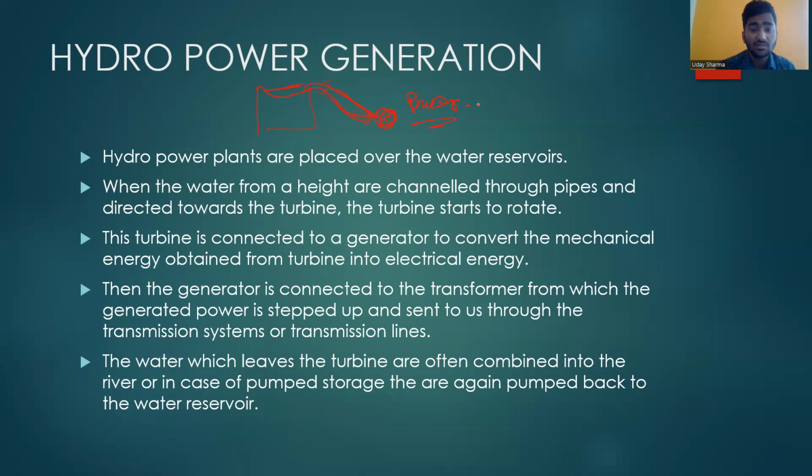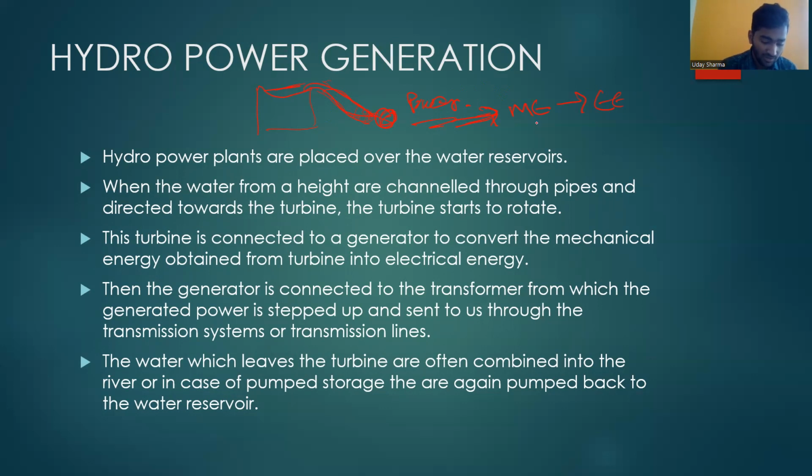The turbine is connected to the generator to convert the mechanical energy obtained from the turbine into electrical energy. When the turbine is rotated, we obtain mechanical energy. This, through an alternator or generator, is converted to electrical energy. Then the generator is connected to a transformer, where the generated voltage is stepped up and sent through the transmission lines.